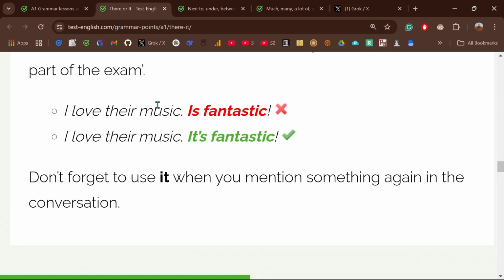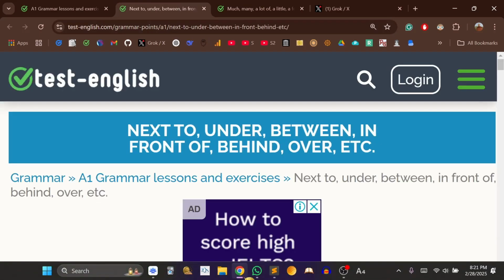"I love their music." Now you want to say that their music is fantastic, but it's a new sentence, you see? So then you need a subject in the new sentence. "It's fantastic," not "is fantastic," right? Okay, right? One more.